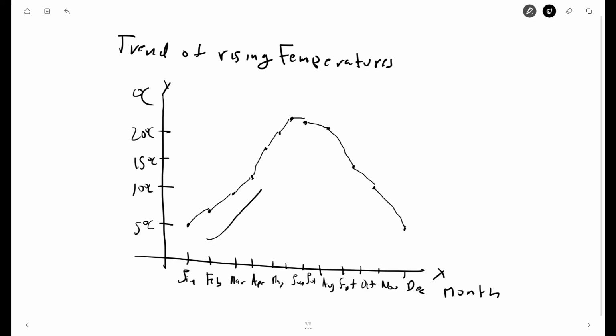There is a rise here in temperature in degrees Celsius, peaking at July, and then a gradual decrease towards December. So peak here.